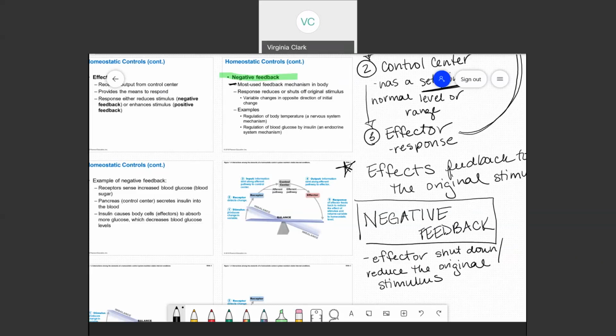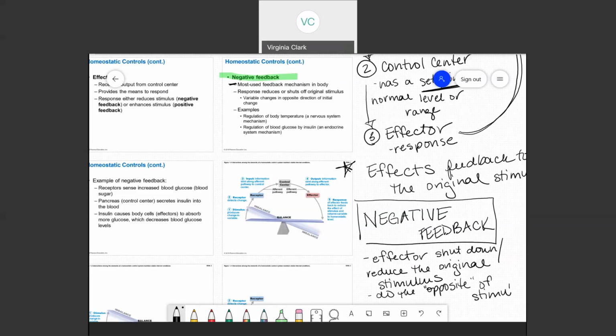So basically, with negative feedback, you are going to shut down the initial start. You're going to do the opposite of the stimulus.